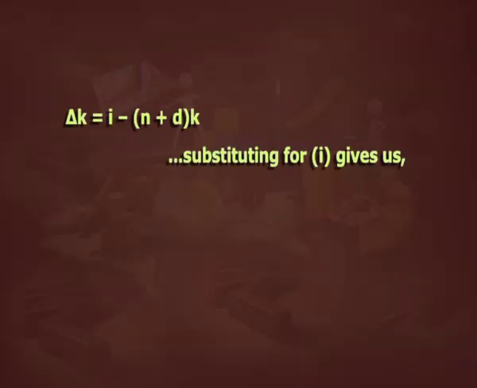This depreciation investment per worker, that is dk, is added to nk, the investment per worker, to maintain the capital labor ratio for the growing population. That is, change in k equals i minus (n plus d)k. Substituting for i gives us change in k equals s times f(k) minus (n plus d)k.